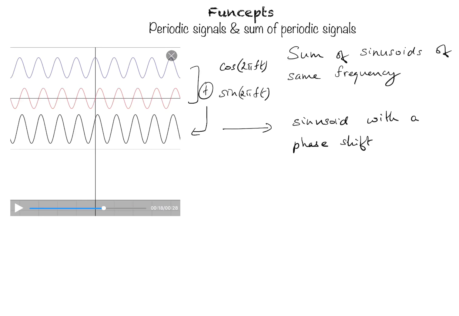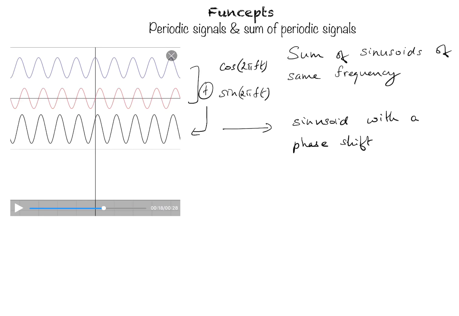And the amount of amplification that we get also will depend on the relative phase difference between the added waveforms. So if you notice, the purple waveform and the red waveform, they have a certain amplitude, but the added waveform, the black waveform, has an amplitude which is greater than the original two waveforms, but it also has a phase shift which is slightly different from the original two waveforms.